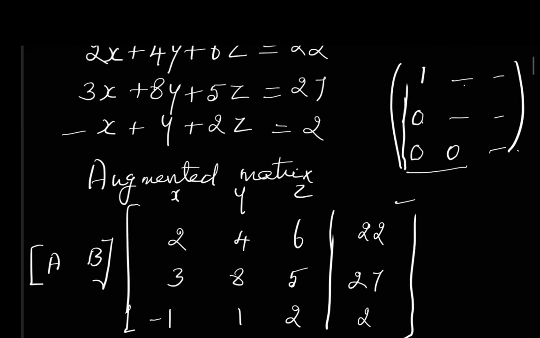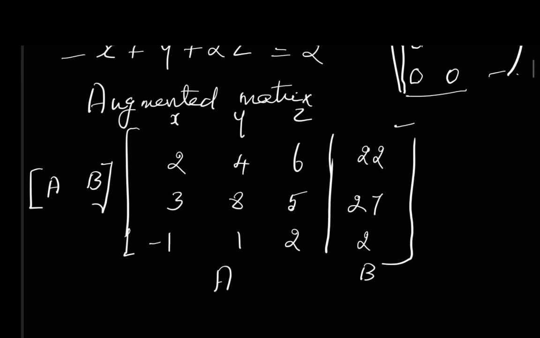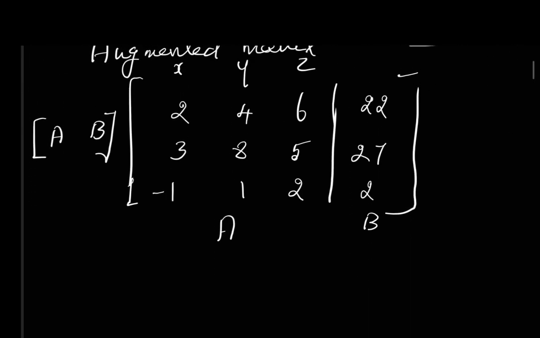As I said, the first entry should be 1. But here the first row has first entry 2. Looking at the other rows, they have 3 and minus 1, so no direct transformation. I have to make this 2 as 1.